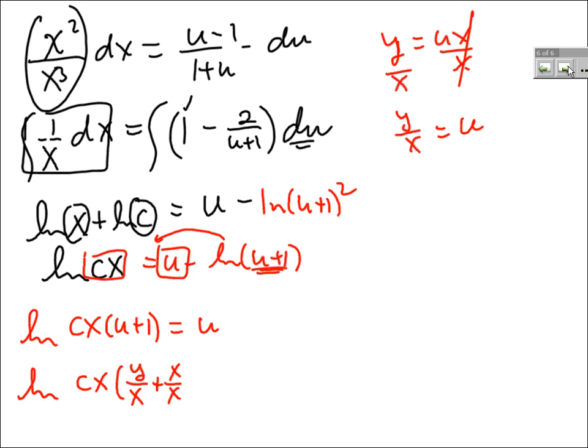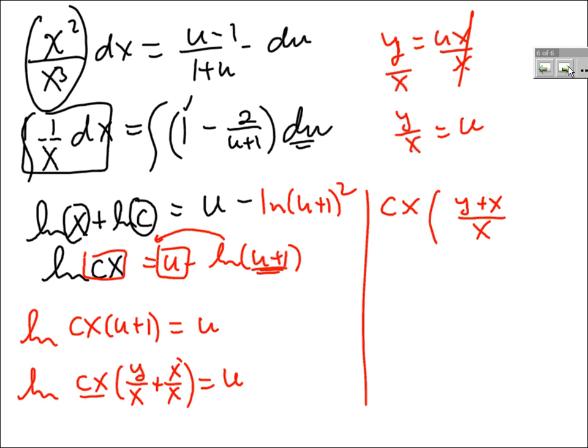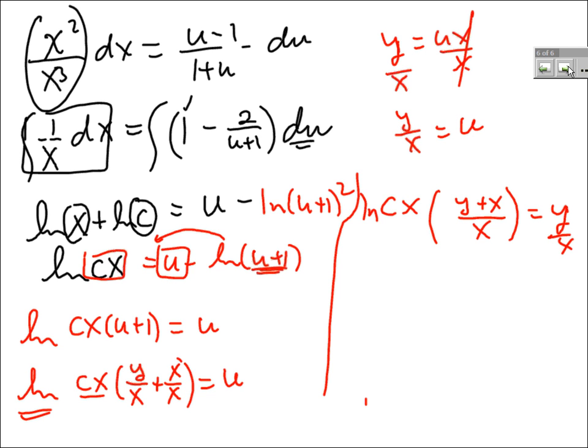I'm going to write the 1 that way. This equals u. Coming up here, I have cx. What's inside the brackets is an addition with the same denominator. You can just write it as y plus x all over x. Oops. There's an ln in front. There it is. This equals u. For u is y over x.